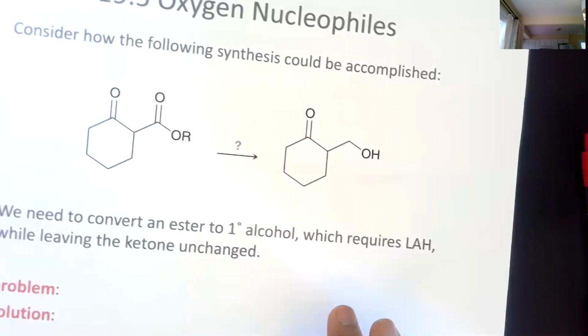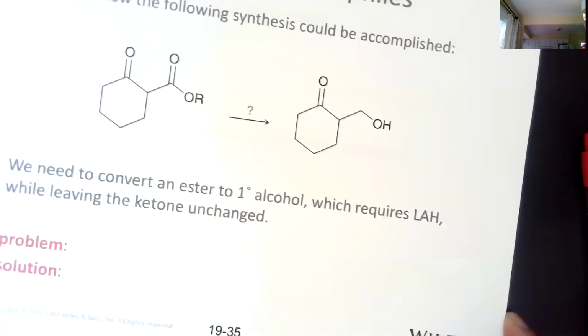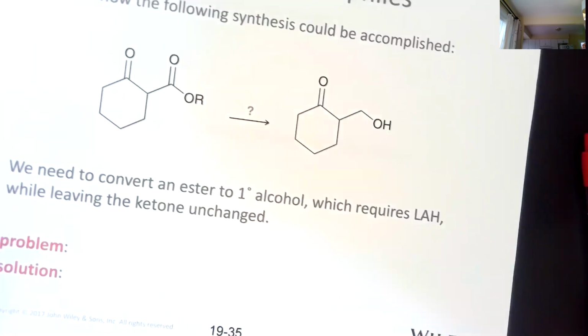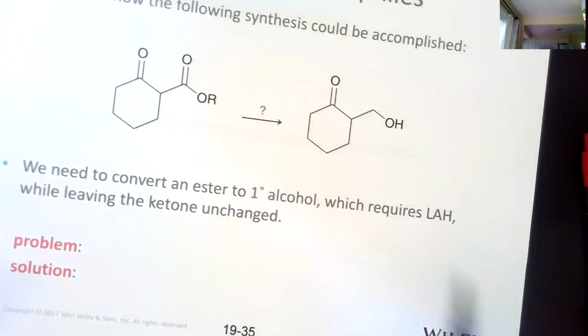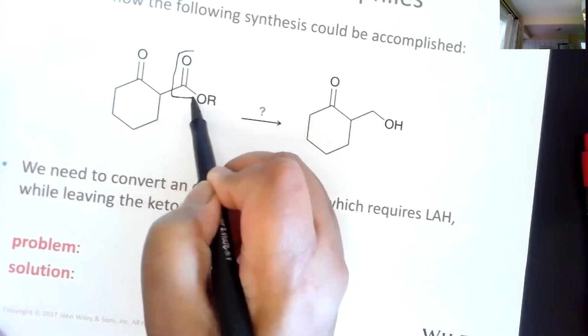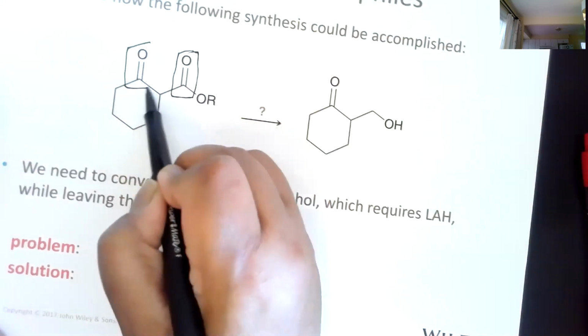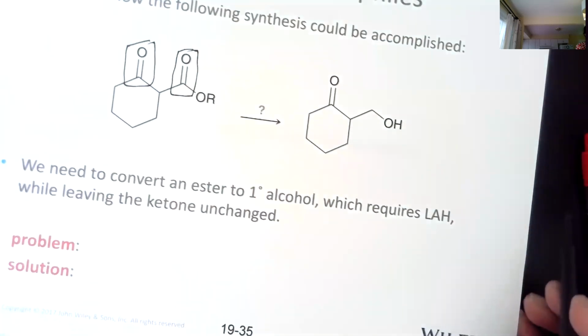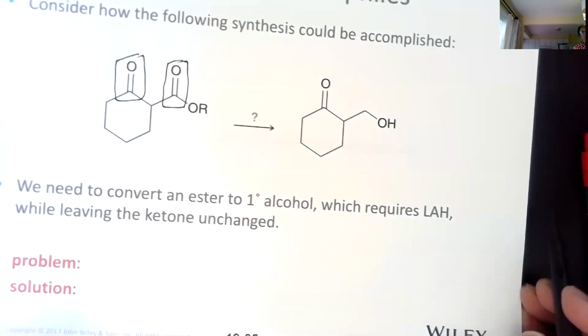Consider how this synthesis can be accomplished. What is happening here? Look at it. What are the changes that are happening? You have 2 carbonyl groups, right? Are both the carbonyl groups getting affected?